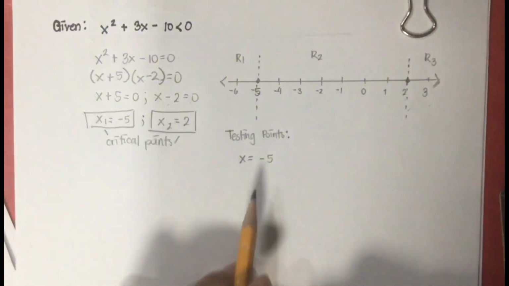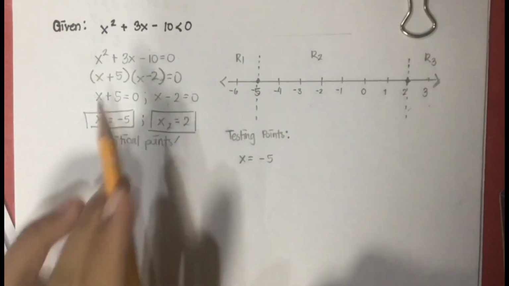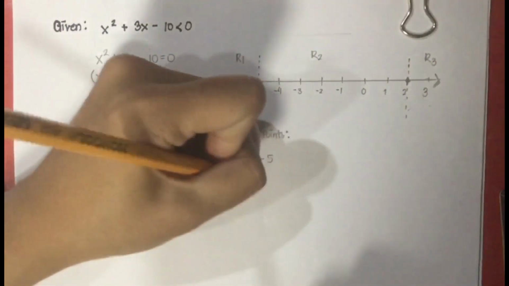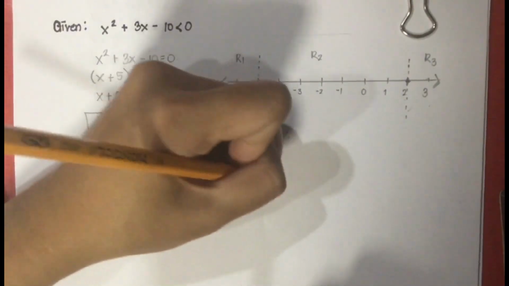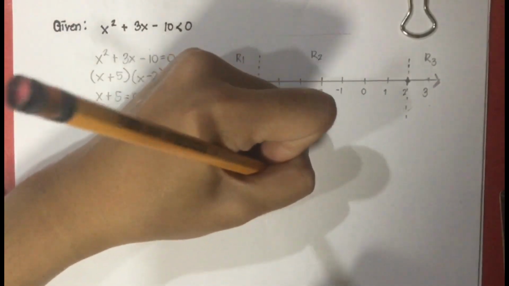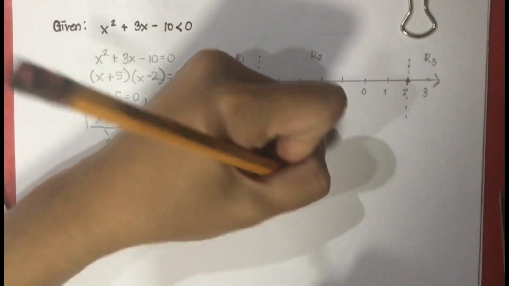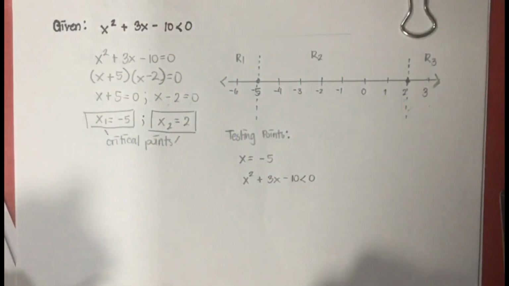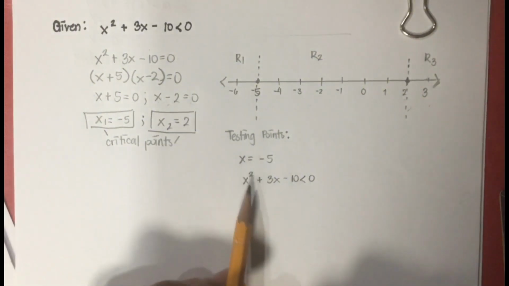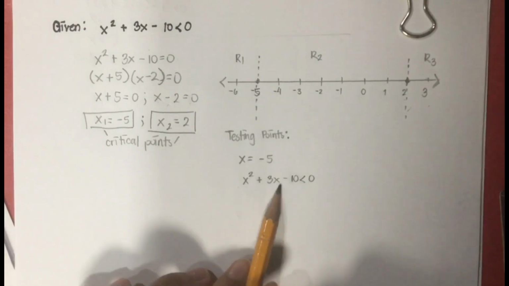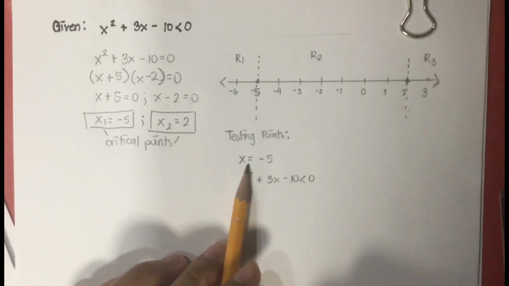We're going to copy the given: x squared plus 3x minus 10 is less than 0. Then we replace x with negative 5.